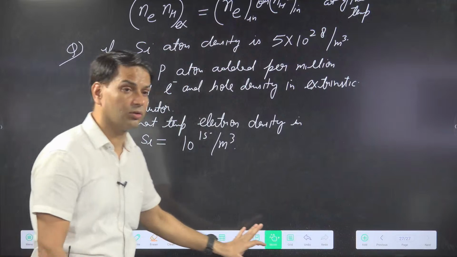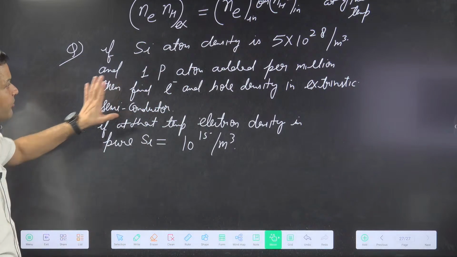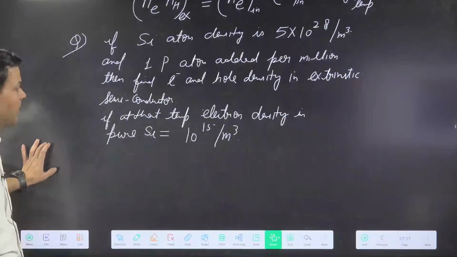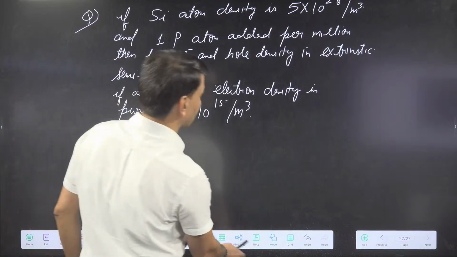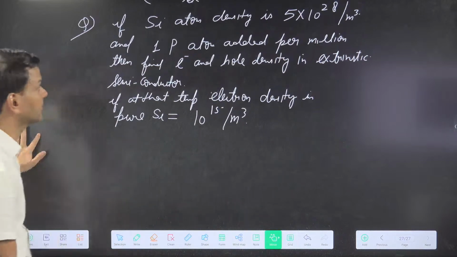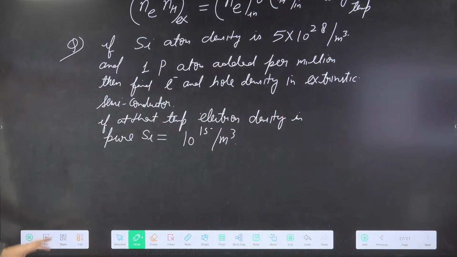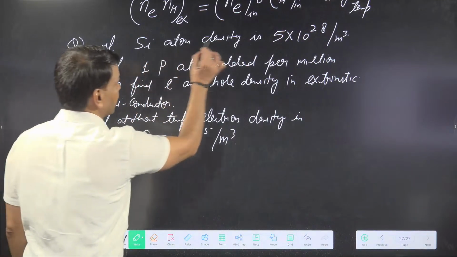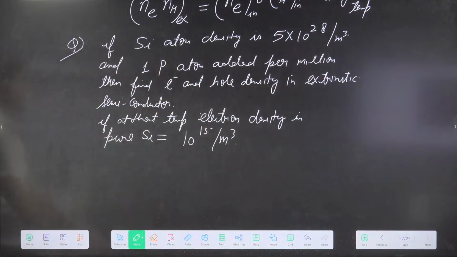So here, how many atoms have we added? One more thing, just a minute. Here I have given 28, so here 15, 30. No problem. Okay, so now total silicon, how many per meter cube do we have? 5 into 10 to the power 28.